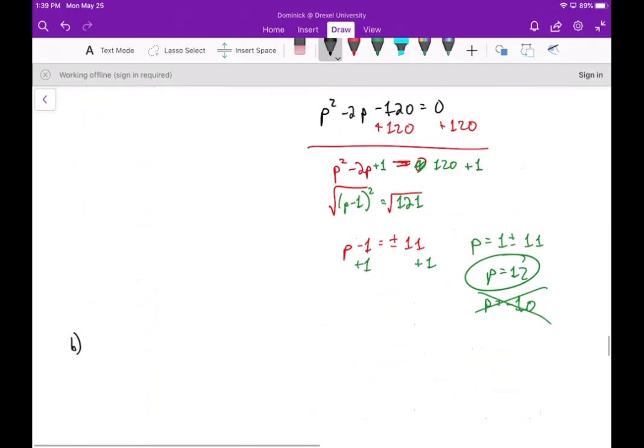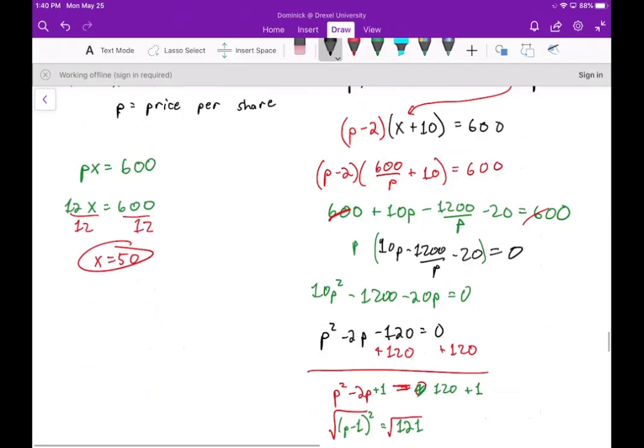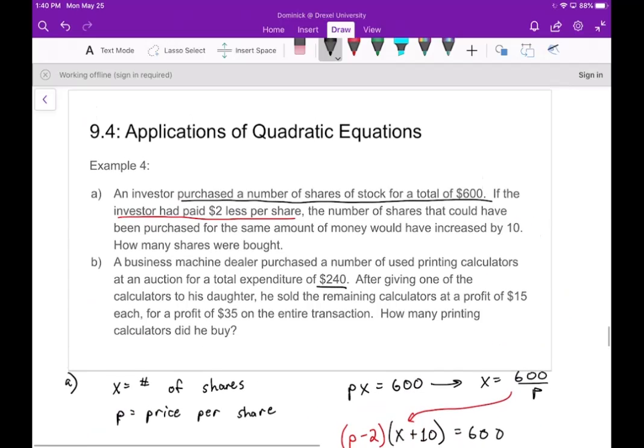We need to know calculators bought, and we need to know how much he sold each one for. Okay. So let's see.